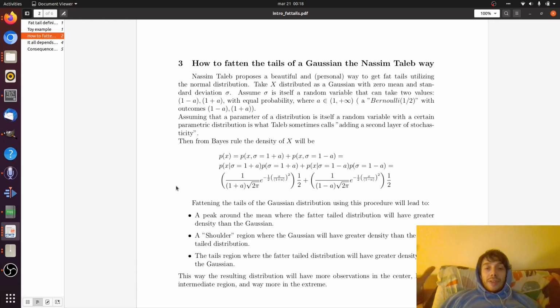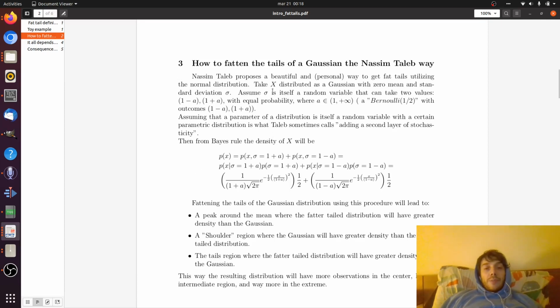Now, if one does this, then he will construct a density that has fat tails. This is quite elegant because you're taking a density which represents something stochastic, and then you are thinking about the parameters that define this density stochastically themselves.